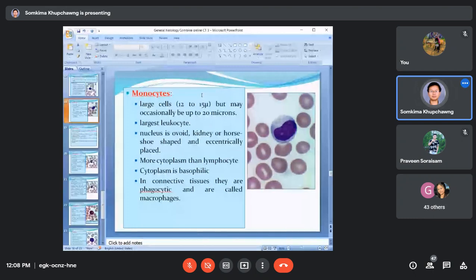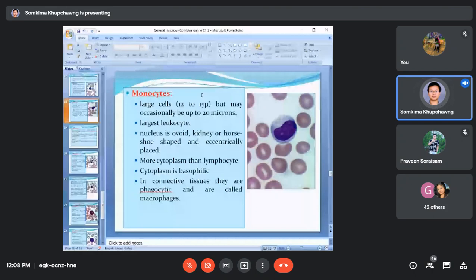It may reach up to 20 microns, but in case of RBC, as mentioned before, it's around 6 to 7 microns only. So the monocyte is known as the largest leukocyte, and here the nucleus is ovoid, kidney or horseshoe shaped and eccentrically placed.